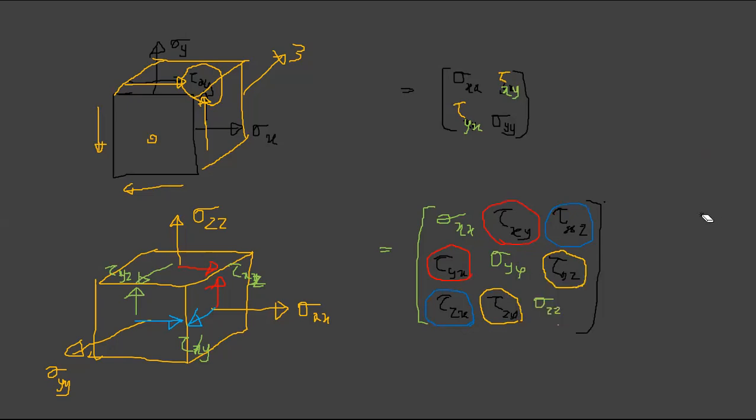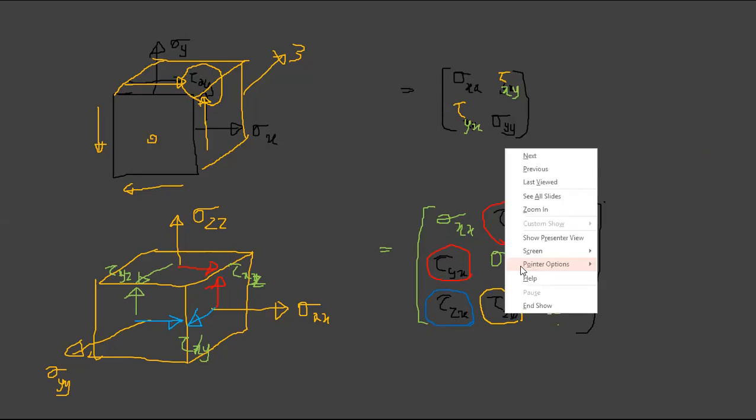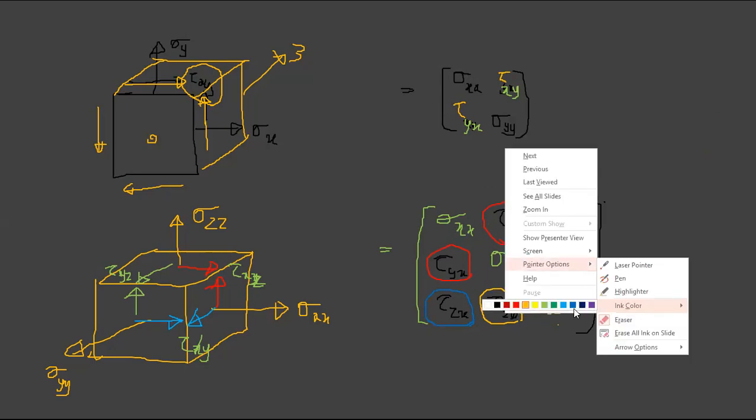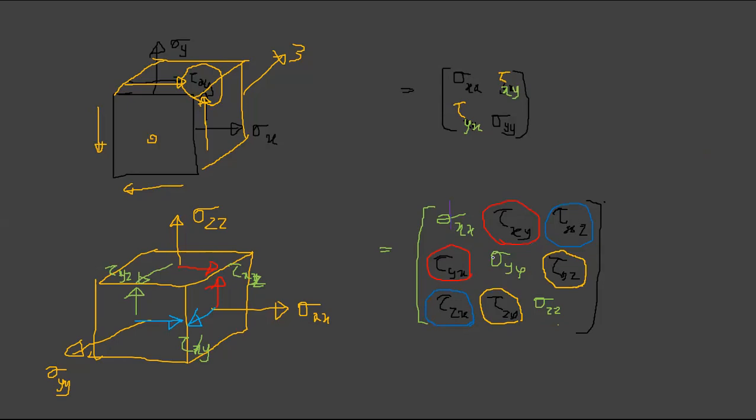These two are equal. So that means you only have how many components? 1, 2, 3, 4, 5, 6. You only have 6 different components in the 3D format, right? You have three different components in the 2D state.